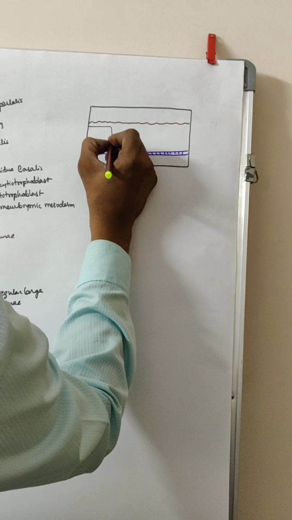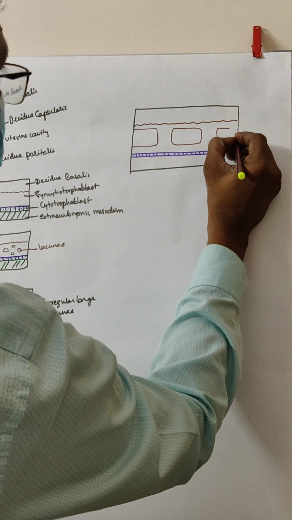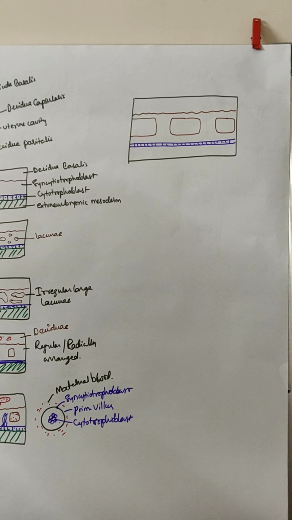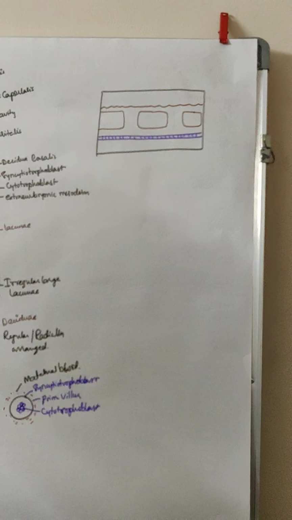I'll just draw it like this, large lacunae, only a few I will keep, okay, and these large lacunae are again connected with the maternal blood, which fills them.